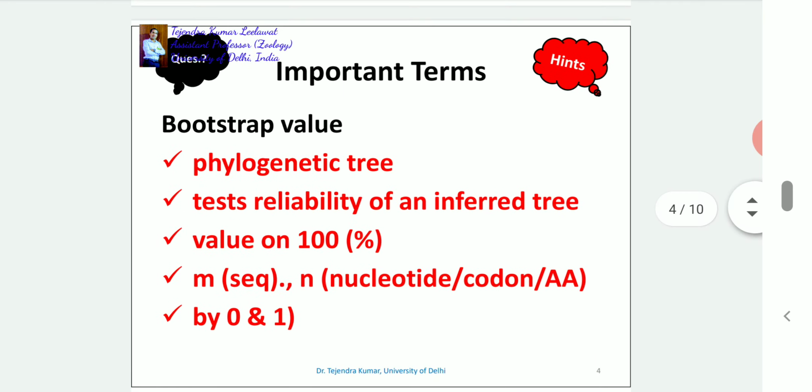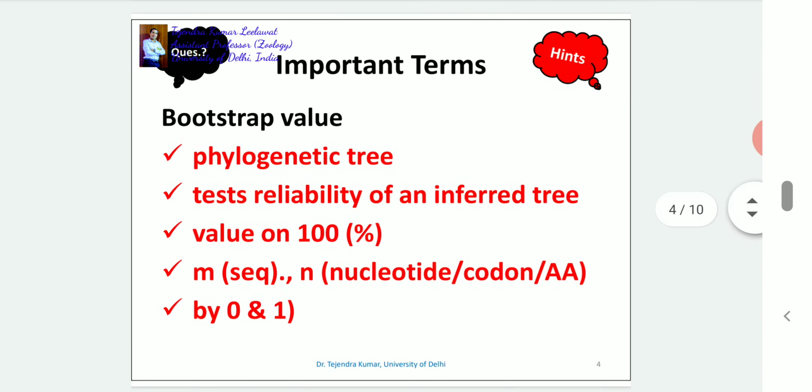The next important term is bootstrap value. What is the bootstrapping value? Bootstrapping value is a value which we use for the determination or identification of the phylogenetic tree.